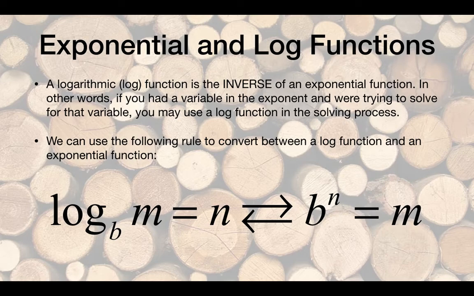So basically log is the relationship between two numbers. So like if I say the relationship between 5 and 125, that would be that it's 5 cubed. So log base b of m, if it was log base 5 of 125, it would be 3. Or if it said b to the n equals m, we would say 5 to the third power equals m.